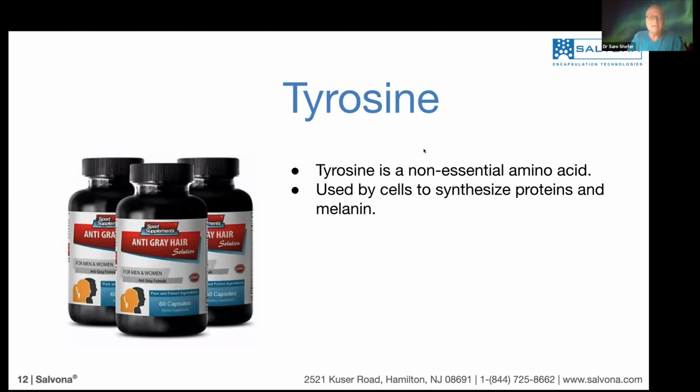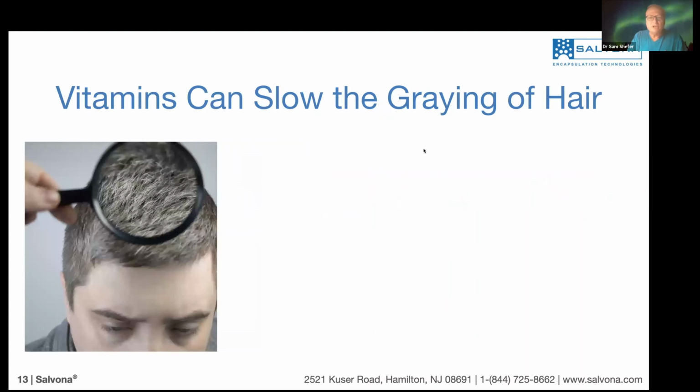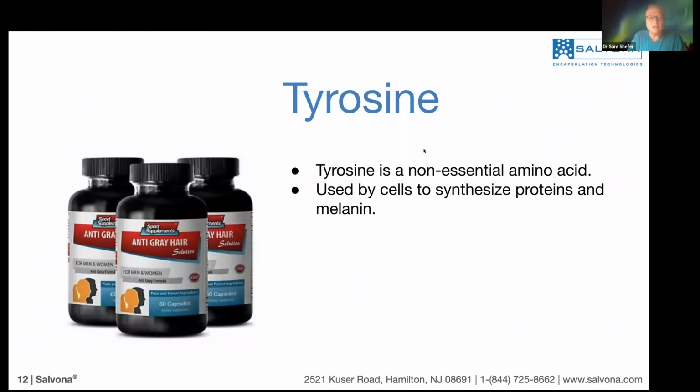These are anti-gray hair tablets, which basically contain tyrosine. There are not many products that use tyrosine in a topical application, and I think one of the reasons is that there is not sufficient clinical data to support that one can add tyrosine topically and repair gray hair.